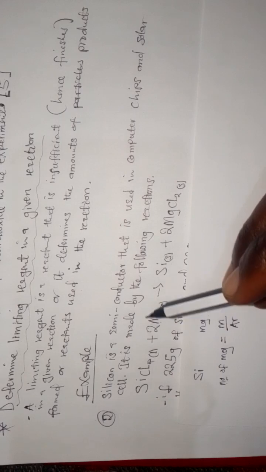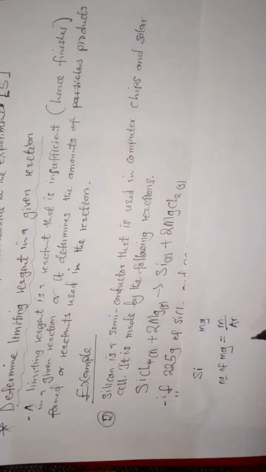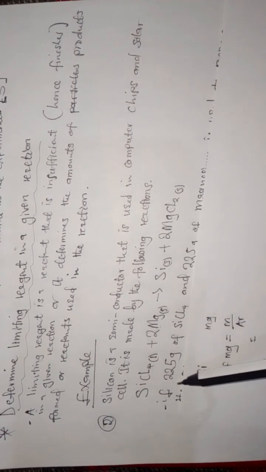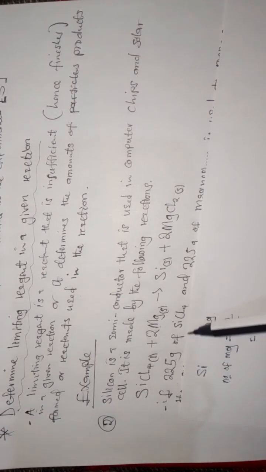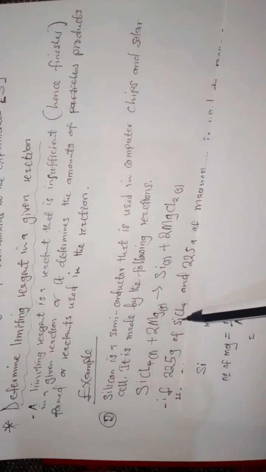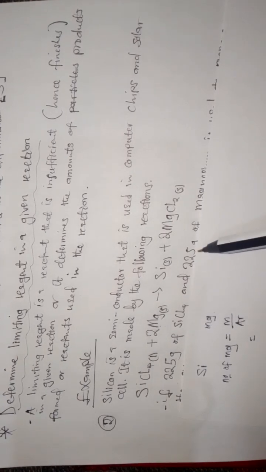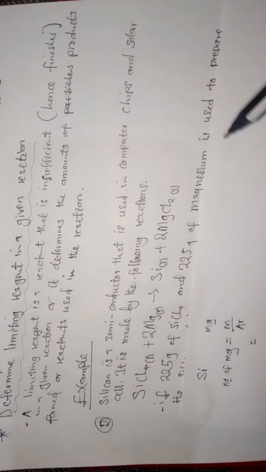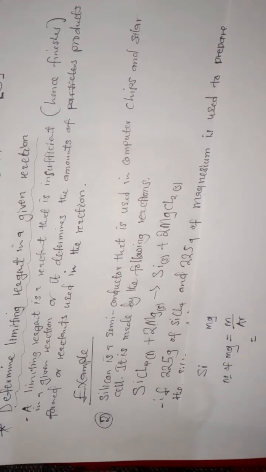Just consider the mass of magnesium given in the question: 225 grams of magnesium used to prepare silicon.